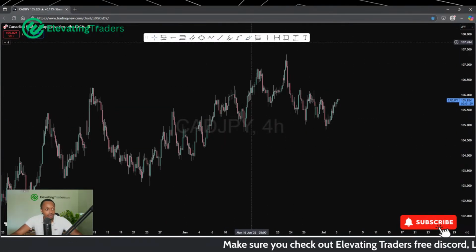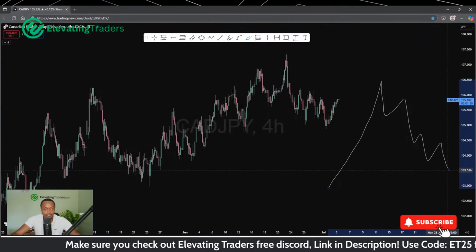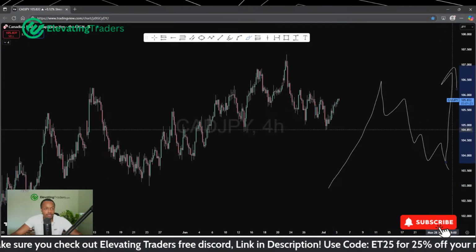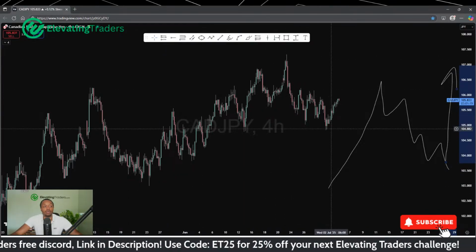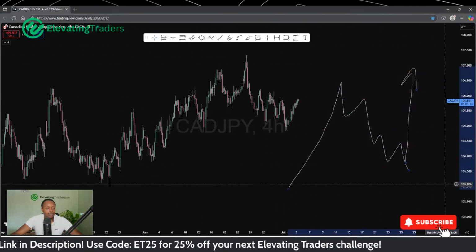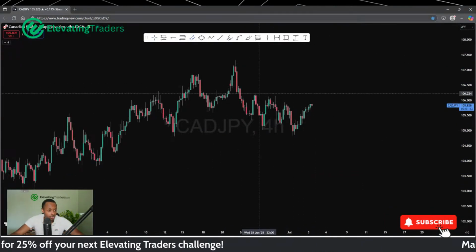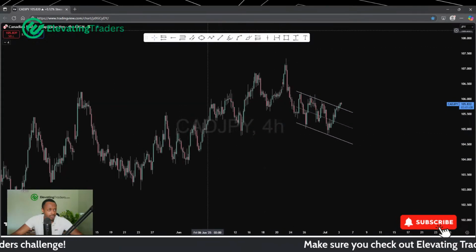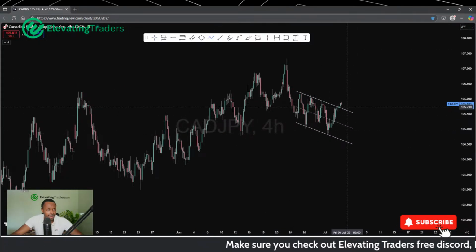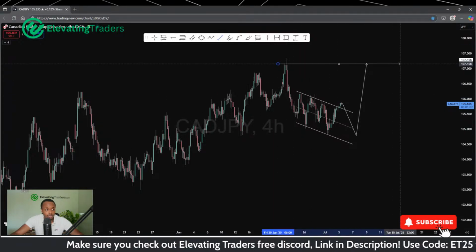I like to follow moves which had momentum in them, then look for corrective patterns after that and a continuation. If things are very corrective on the way up, it doesn't give me confidence to keep buying and following that move. So we've had a bit of a push down. It looks like things are becoming quite corrective on the way down as well. So just a very corrective market altogether. But it does look like we are potentially forming a higher low to see a push back to highs.